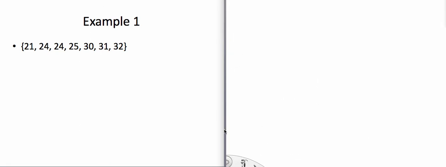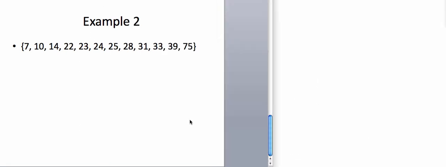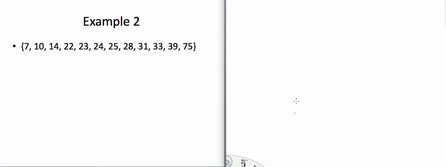We're going to take a look at a different example here. Same example 2 that we had the other day. Now we've got more numbers. I want to try and establish what my min, first, median, third, and max are.